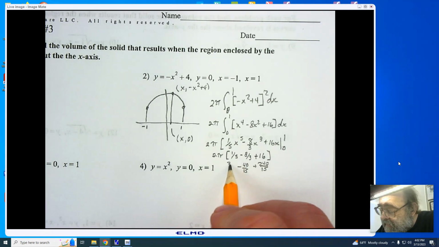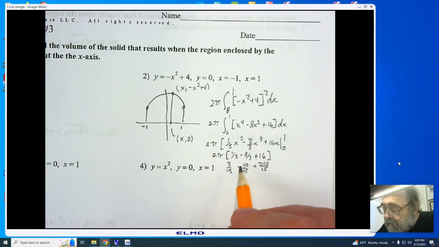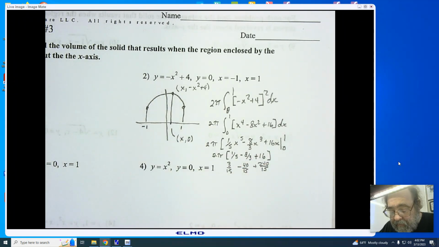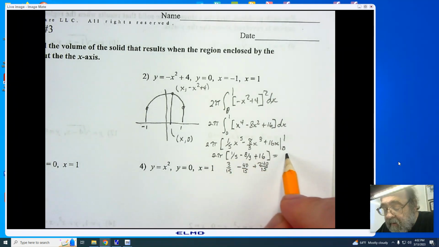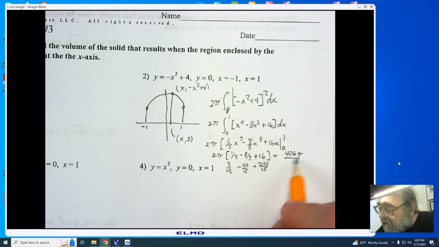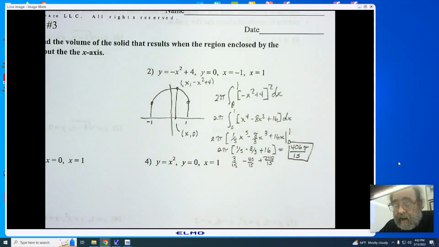And I have 3 15ths. So I'm looking at 243, and we're subtracting 40 of those. And we're looking at 203. Doubled gives me 406 pi 15ths. Now this might reduce. I'm not too worried about it. We can always attempt to. So 406 divided by 3, see what we get. And no, it is not going to reduce.